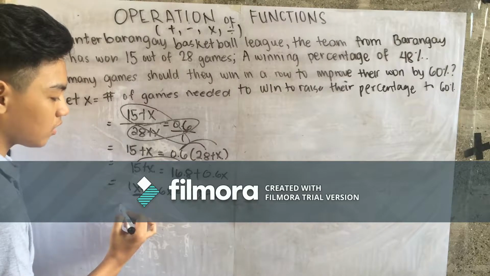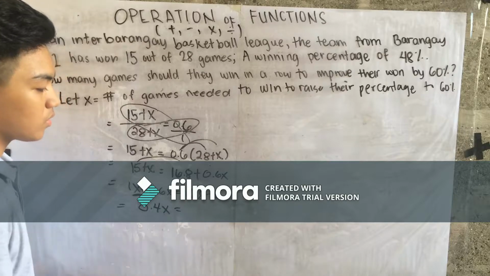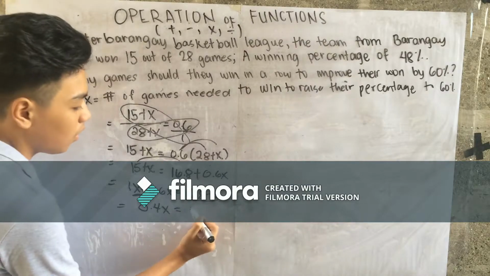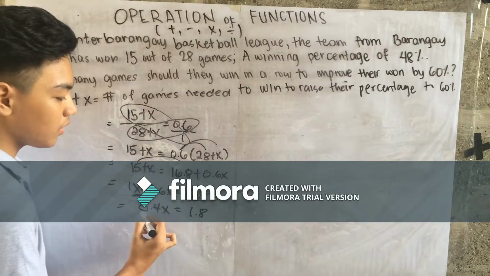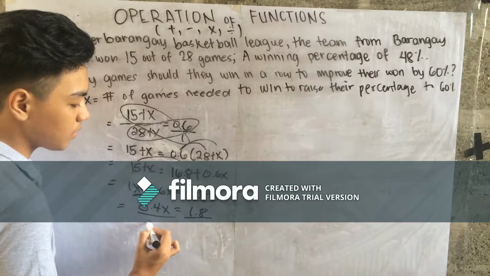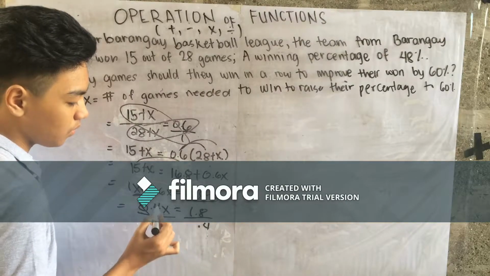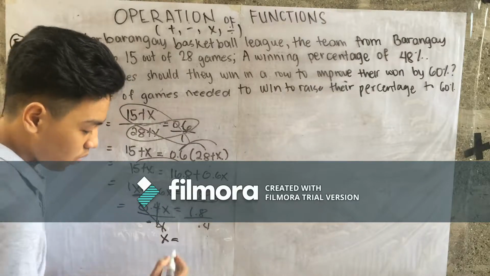So, 1 minus 0.6 equals to 0.4x equals to, ito yung ma-minus natin is 1.8. So, para makuha natin yung value ng x, i-divide natin sila both side by 0.4 para matanggal to. So, ito pala, x is equals to 4.1.